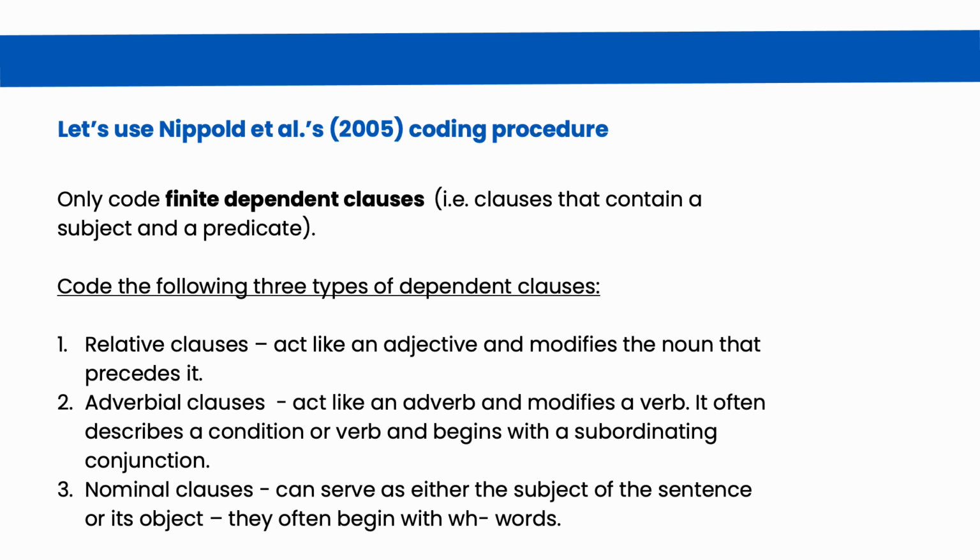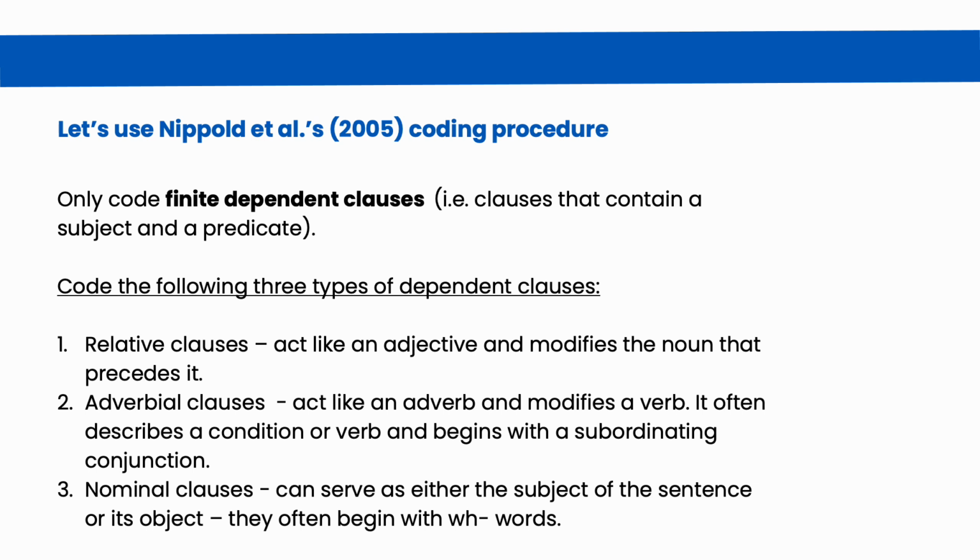That means those clauses will have a subject and a predicate. So then code the following 3 types of dependent clauses. The first one is relative clauses, and they act like an adjective and modify the noun that precedes them. The second one is adverbial clauses, so they act like an adverb and modify the verb.